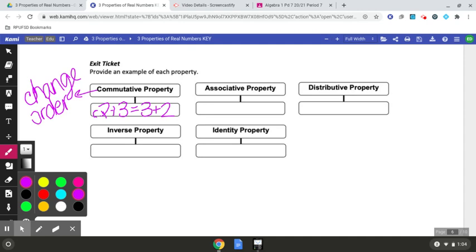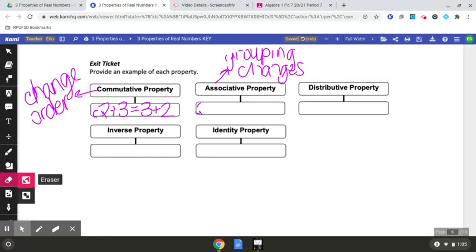The next one, associative. We have 3 things and they are changing grouping. So our grouping is what changes here. So if we have 2, my stylus is just not really cooperating today. So I'll do it with the text for you so that it's nice and clear.